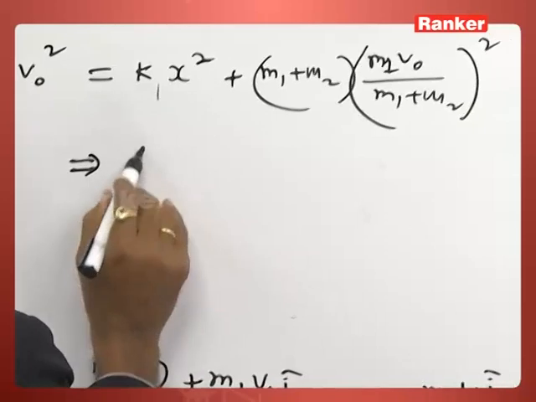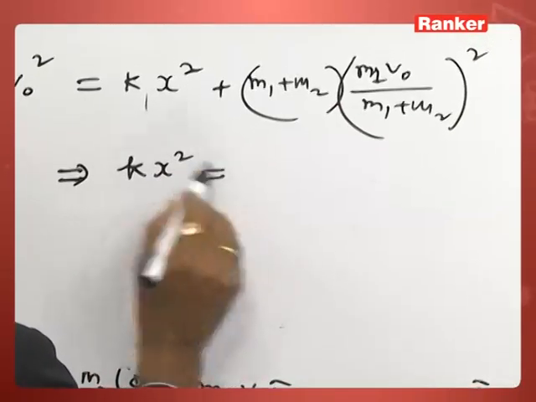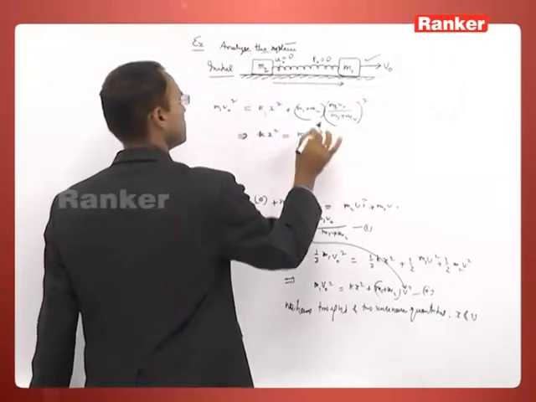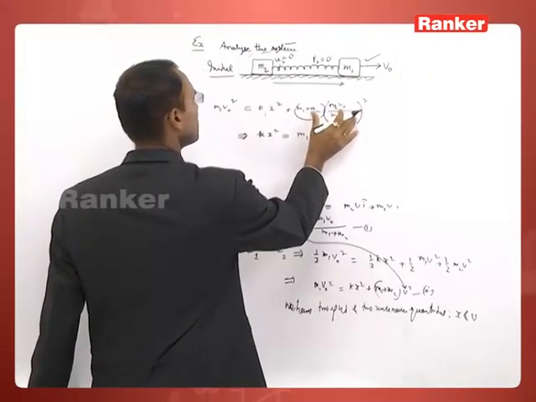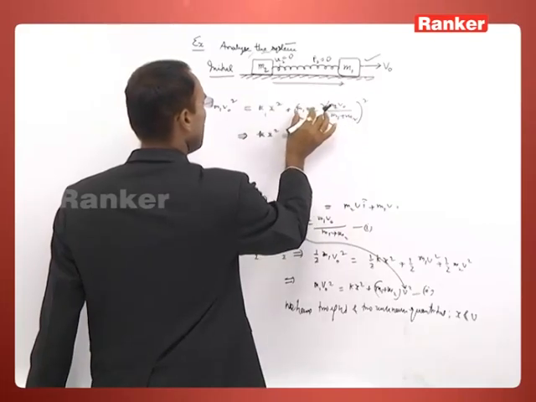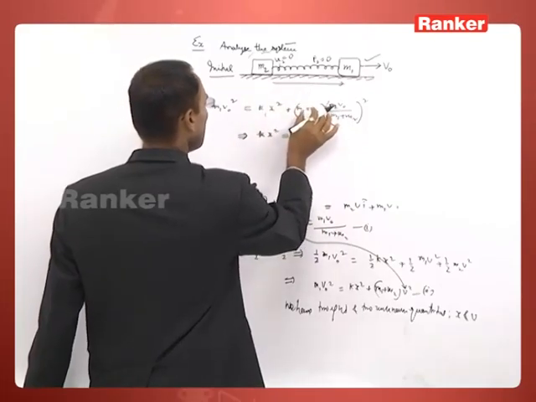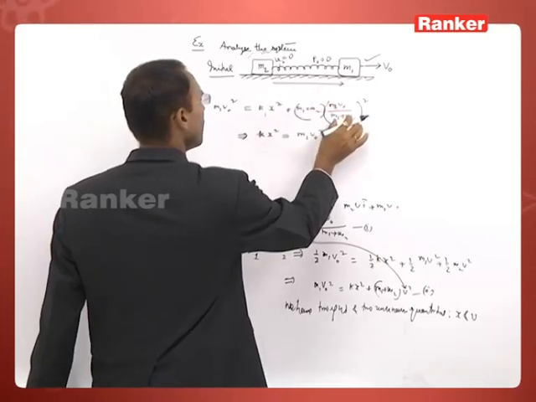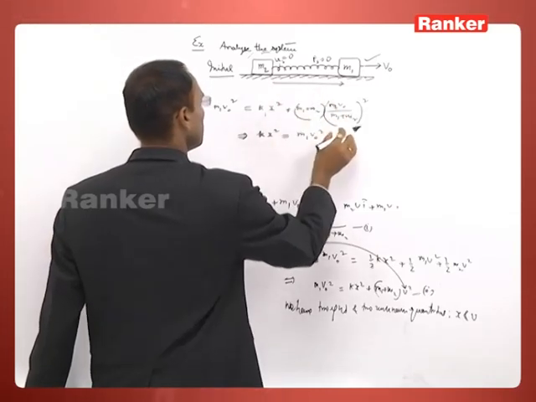This gives us kx square equal to m1 v naught square minus this factor, which can be simplified by eliminating m1 plus m2 in numerator and in denominator.